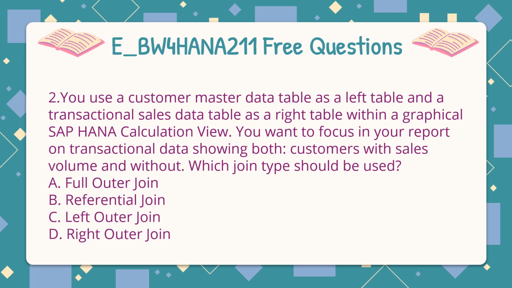2. You use a customer master data table as a left table and a transactional sales data table as a right table within a graphical SAP HANA calculation view. You want to focus in your report on transactional data showing both customers with sales volume and without.